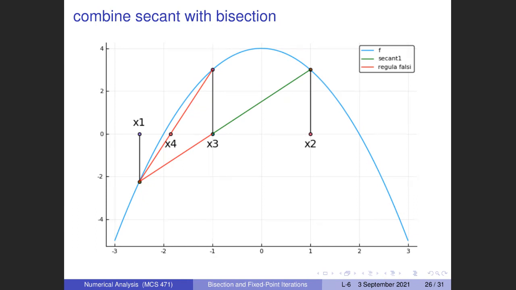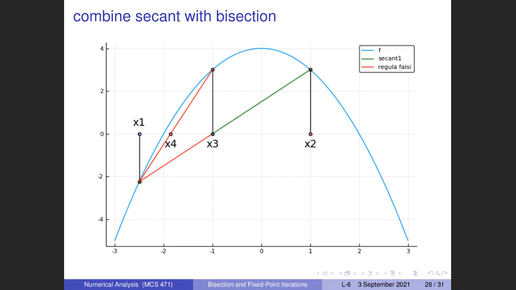And our tangent line, if replacing one of the points, we will only replace the point if we can maintain the condition of the bisection method. So the bisection method will keep the bracketing because of the intermediate value theorem and the assumption that the function is continuous.